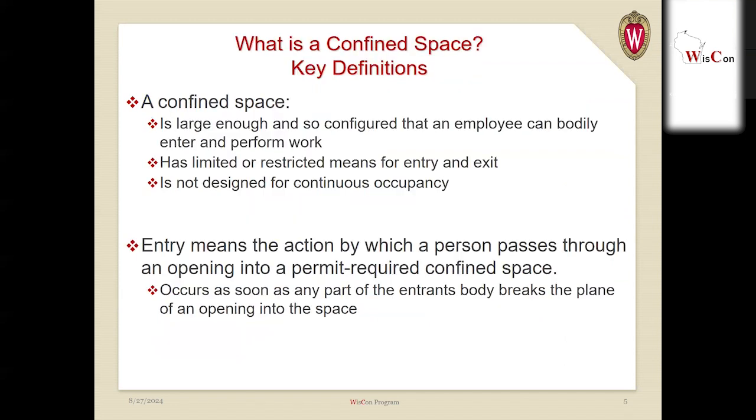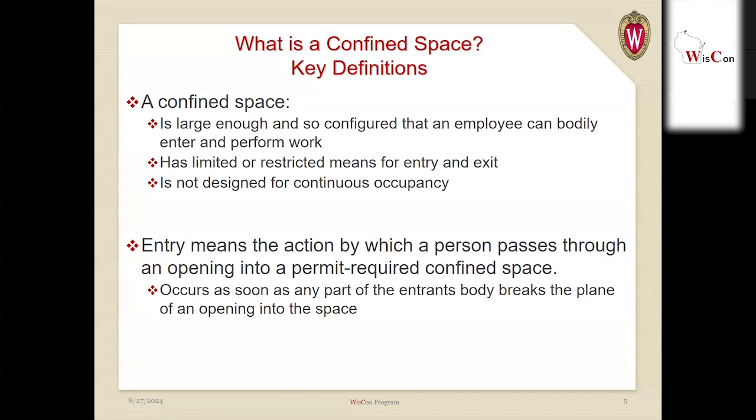Moving into some definitions. So what is a confined space? The three major elements that we're looking at in defining confined space is, one, is it large enough that an employee can enter and do some sort of work? Does it have limited or restricted means for entry or exit? And what we mean by this is, does the worker have to contort their body to enter the space? Do they need to bend or crouch down, crawl, or go on their knees to enter that space?